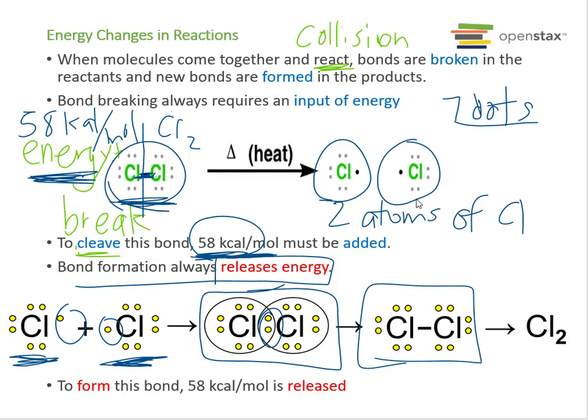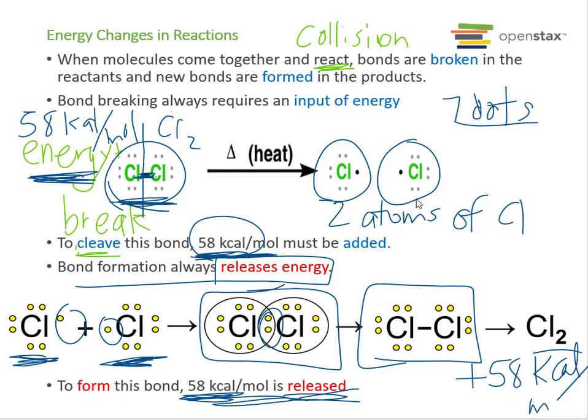We can also represent it like this, which we also know is Cl2. When we form that bond, 58 kilocalories is released. That means it's in my products, so I could say plus 58 kcals per mole in my products.